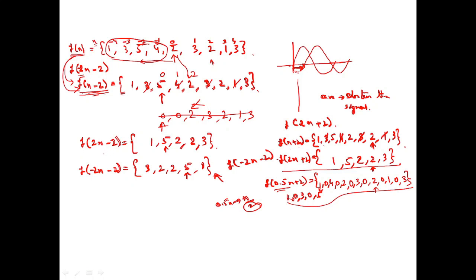That means one value gets cut. See, we are cutting one value each. So you get the 2n signal. Then there is a negative component. If you want to calculate f of minus 2n minus 2, then what you have to do? You just reverse it. Okay. What to do first?